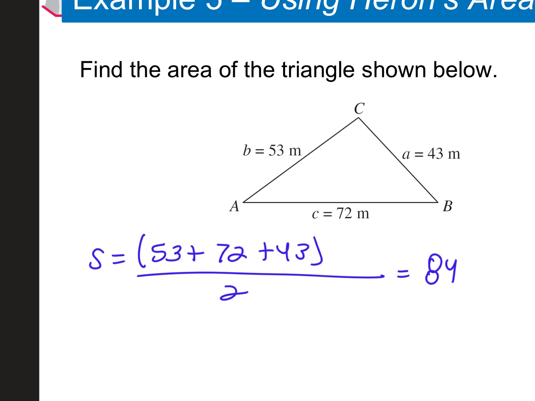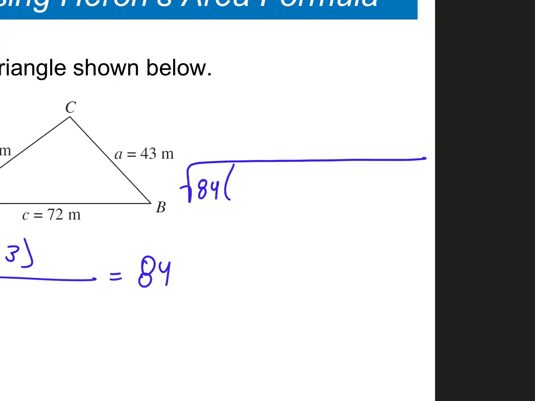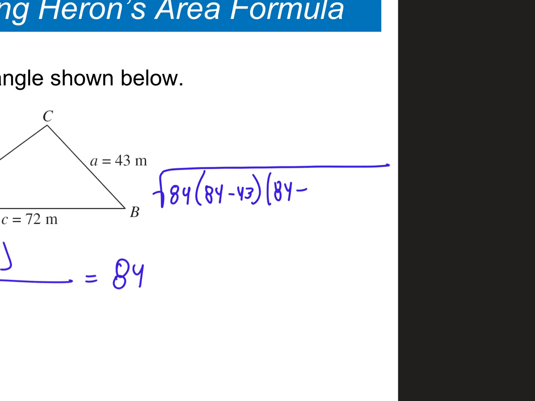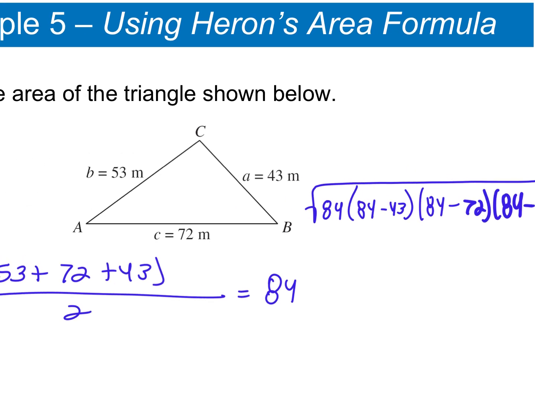Perfect. So you're now going to take your 84, put it underneath your radical, and then take 84 and subtract every single side length from it. So 84, doesn't matter the order, minus 43 times 84 minus 72 times 84 minus 53.